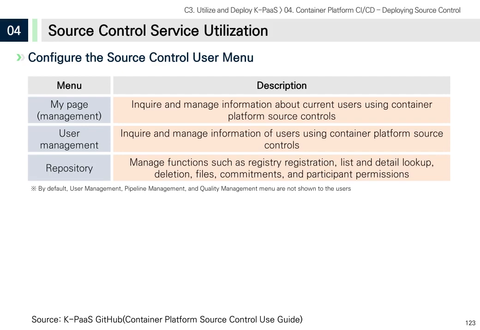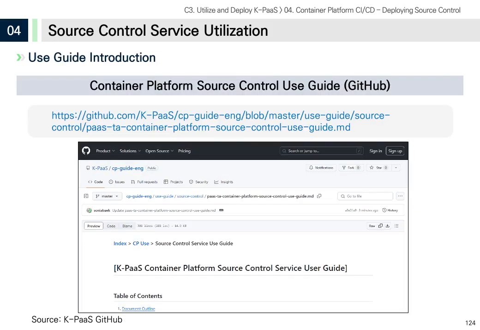The User Management menu allows you to view and manage the information of users who use container platform source control. The Repository menu allows you to manage repository registration, list and detailed lookup, delete, file, commit, and participant permissions. For a more detailed utilization guide of source control, check the GitHub guide shown in the textbook.